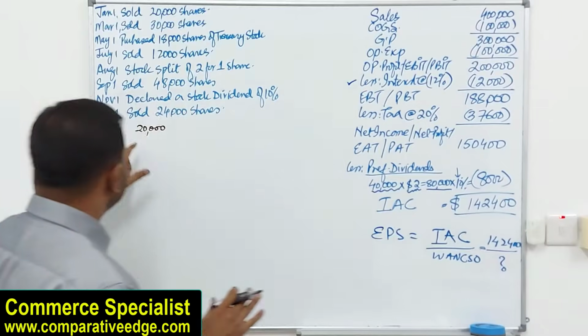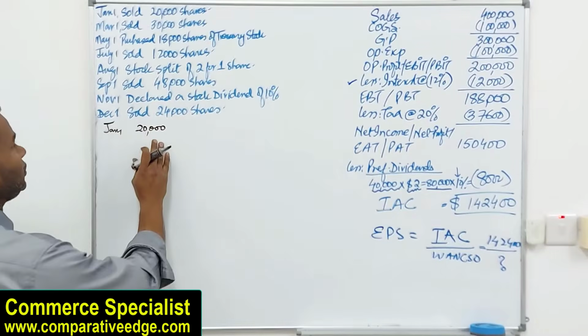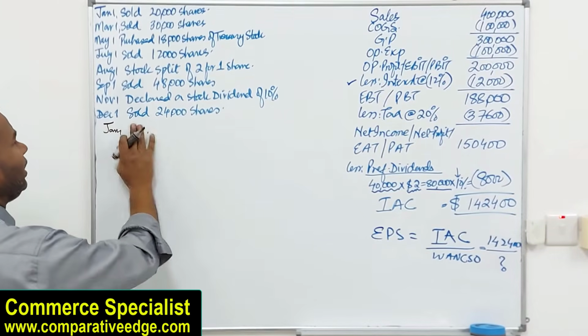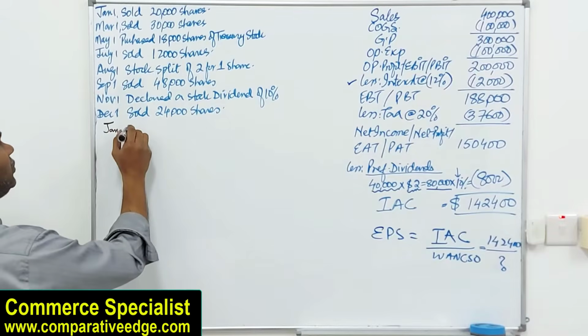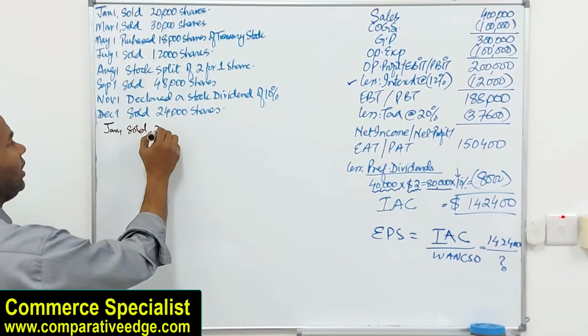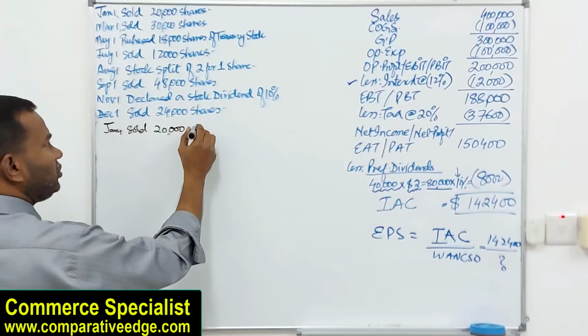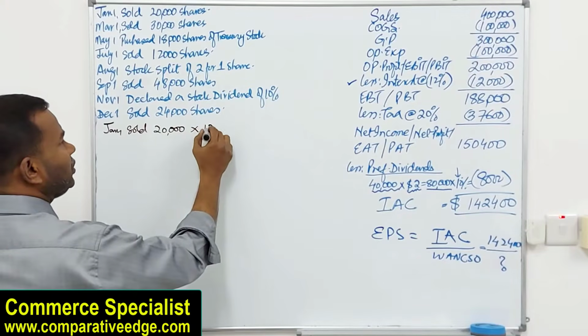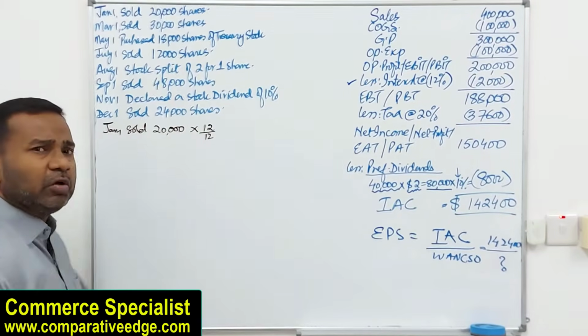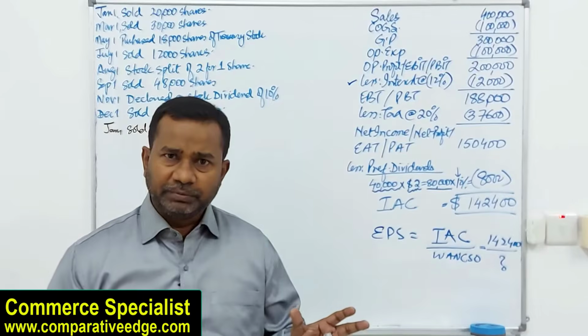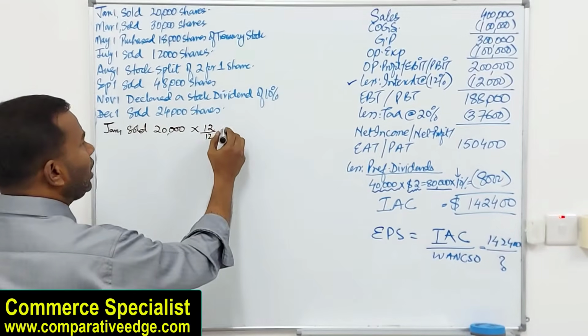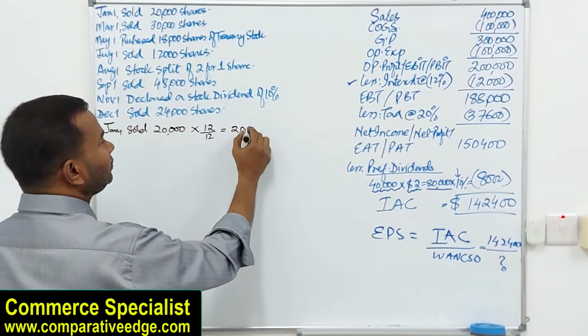So I can write here, January 1st you sold 20,000 shares, and you multiply them by a fraction 12 upon 12. That means they qualify for the full year of dividend. So they are equal to 20,000 shares.